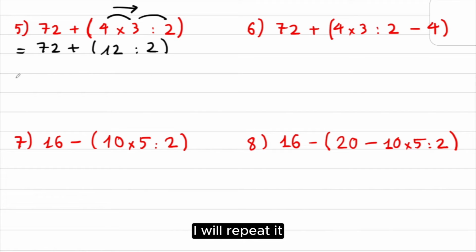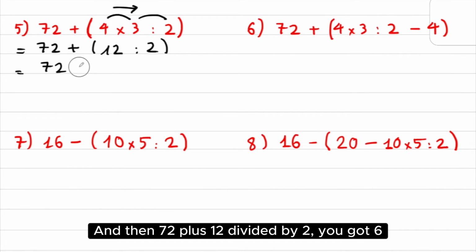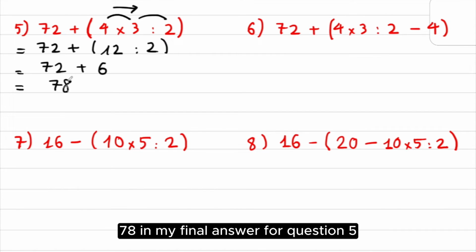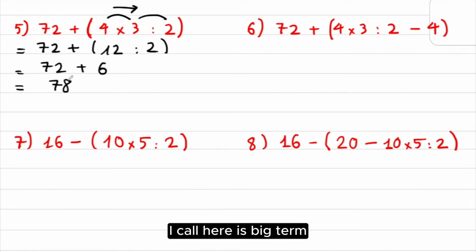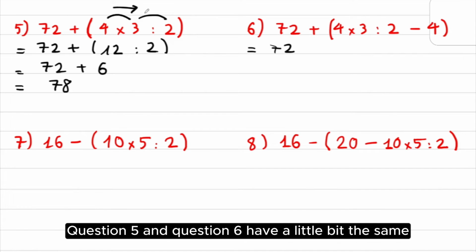I will repeat. And then 72 plus 12 divided by 2, that is 6. 78 is my final answer for question 5. Because inside this bracket we have no addition or subtraction, I just take from left to right. This is the big term.